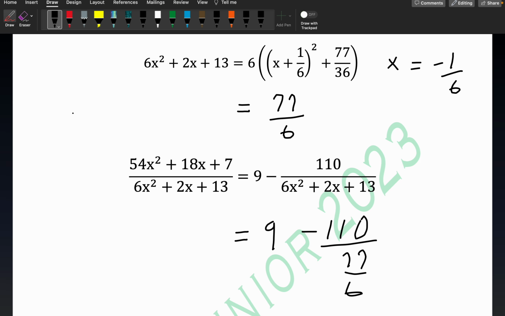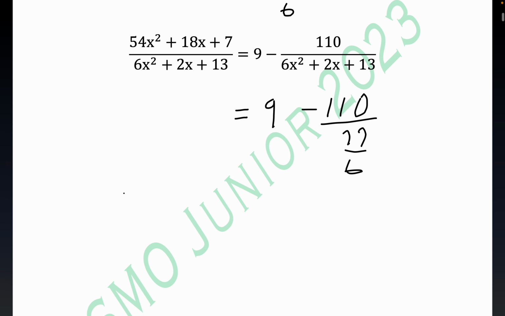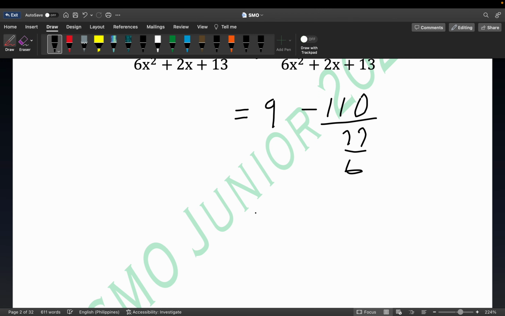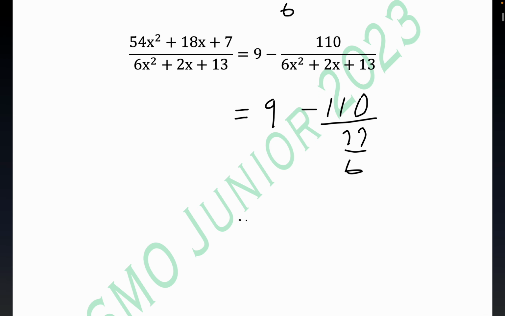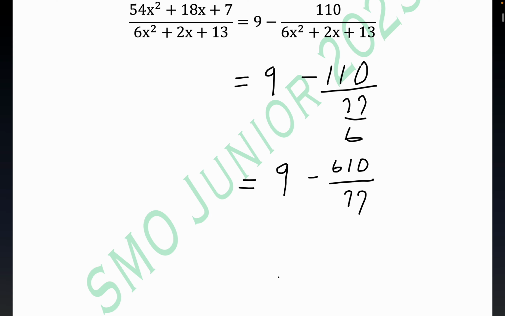Now let's get some more space here. So, folks, this would be the same thing as 9 minus, let's invert here. If you invert and multiply, you would get minus 660 over 77. Your common denominator is going to be 77 by default.